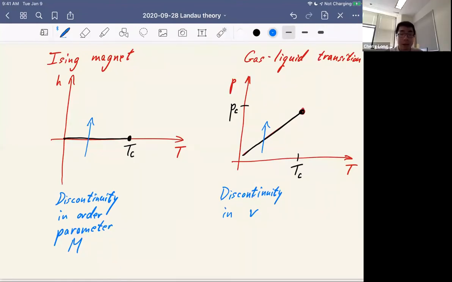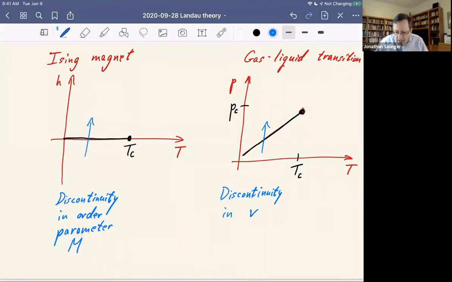Excuse me, is there any biphasic coexistence in Ising magnet in that black line? If you could specify the magnitude of the M, that would be like specifying the volume, right? And so in the gas-liquid transition, there's no biphasic coexistence if you work at constant pressure and constant temperature, but only if you work at constant volume and constant temperature. Right?